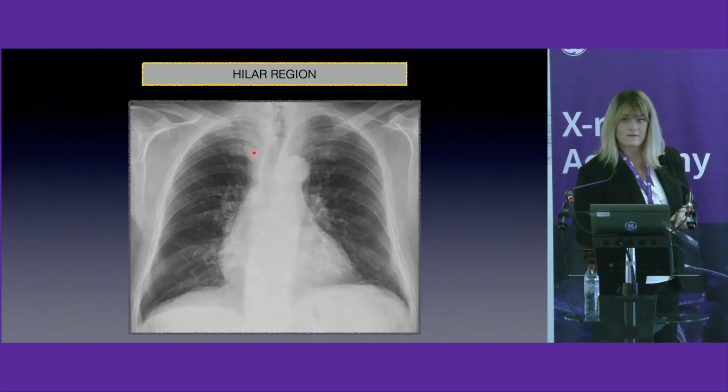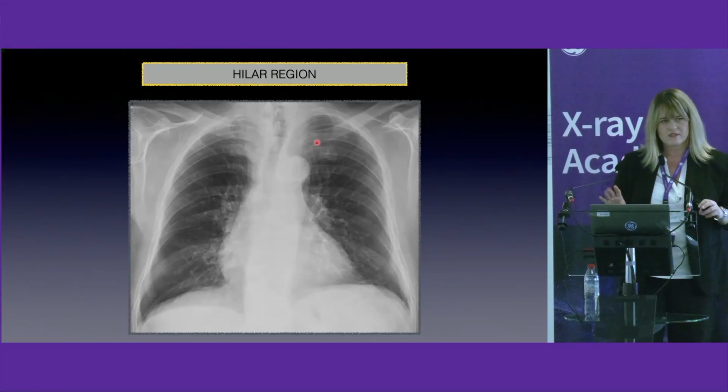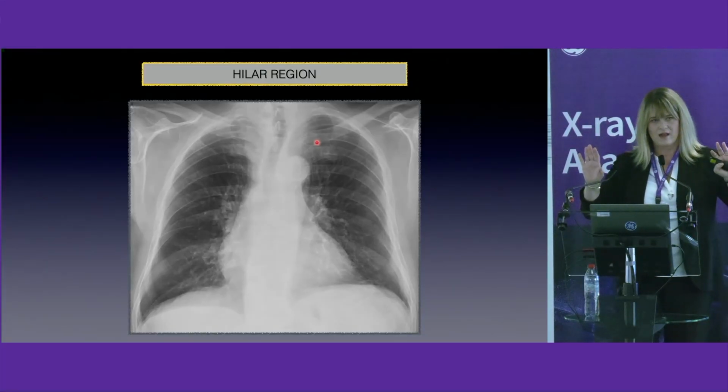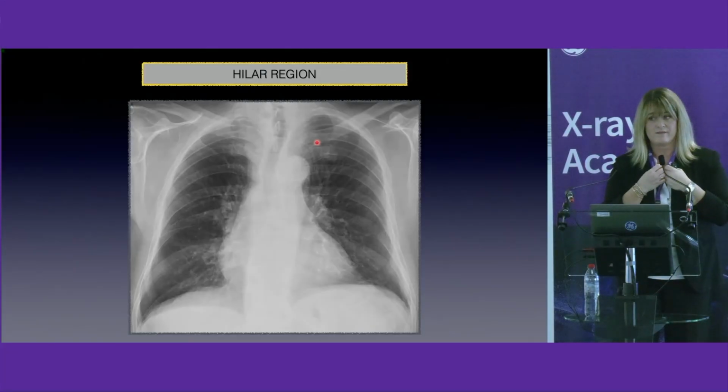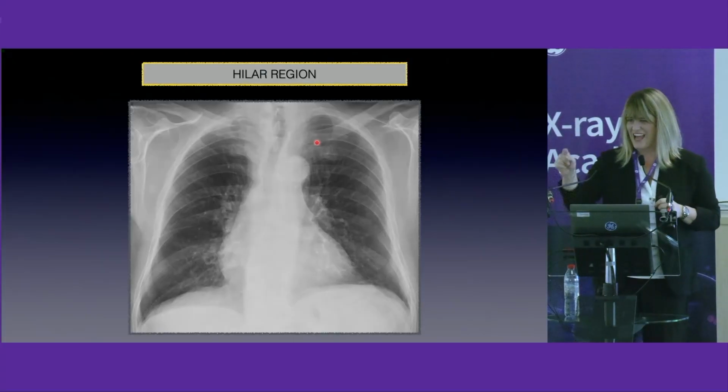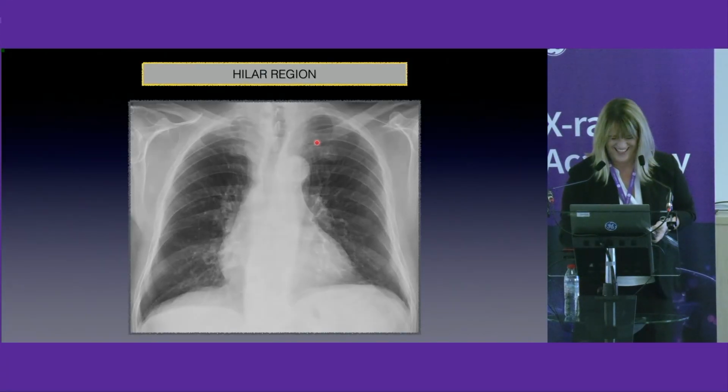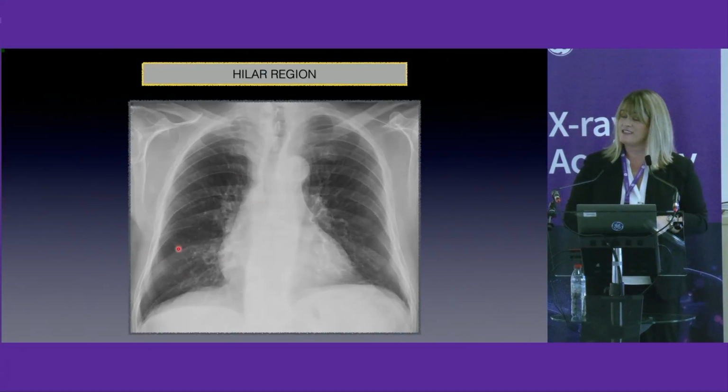On the left side it's quite symmetric. Take a look at this. Symmetric alteration is just because of the ossification of the cartilage. But yes, the right hilum, it's more dense.